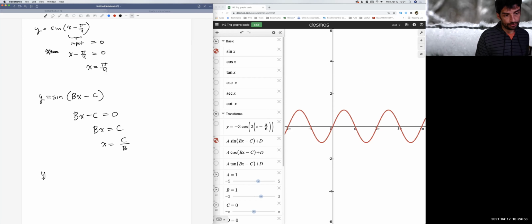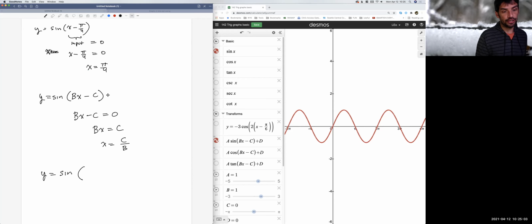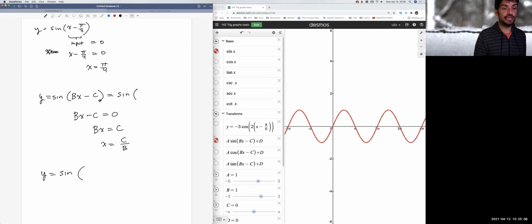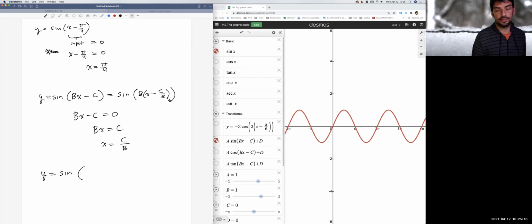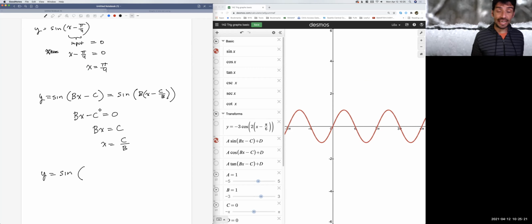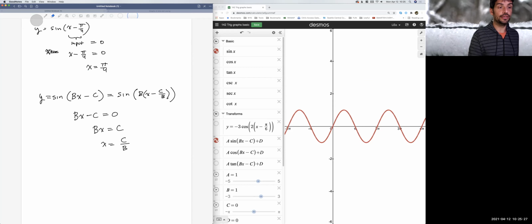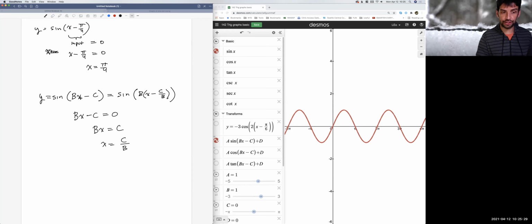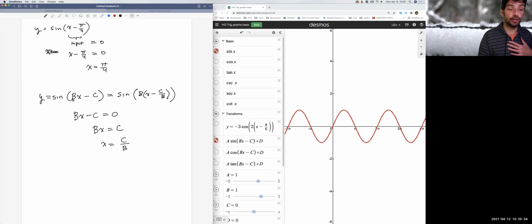One thing to be careful about, sometimes people will write, I can factor b out of bx minus c to get this, right? So with a little bit of algebra, you can see that that's the same thing. So depending on how it's written, the phase shift is either going to be, if we have a coefficient of x and the c by itself, then we take c divided by the coefficient of x.